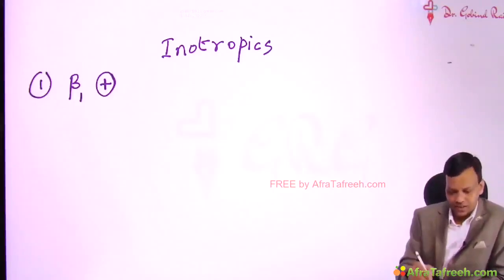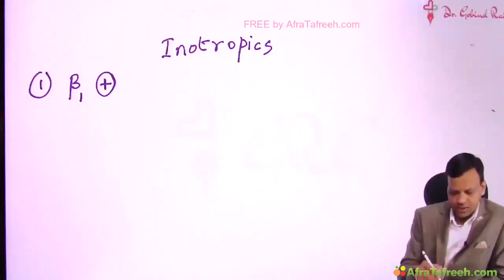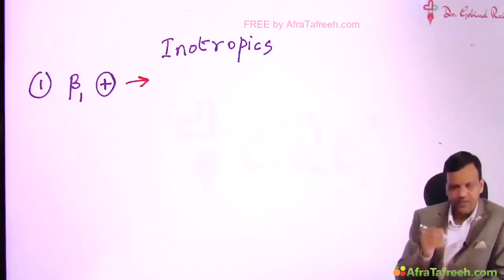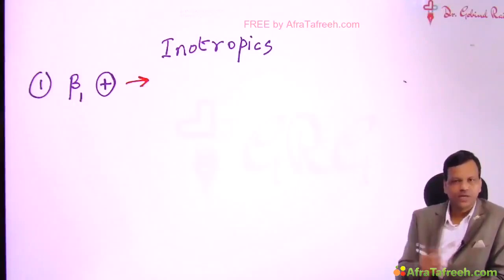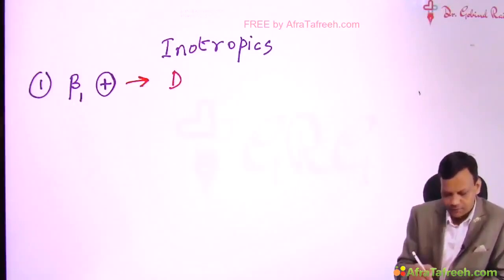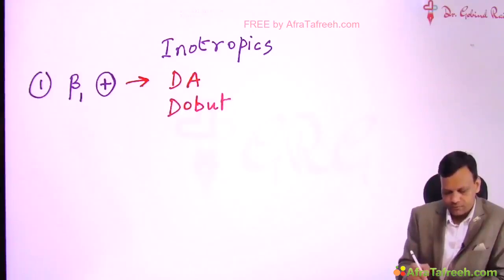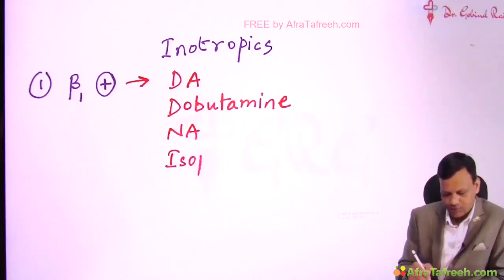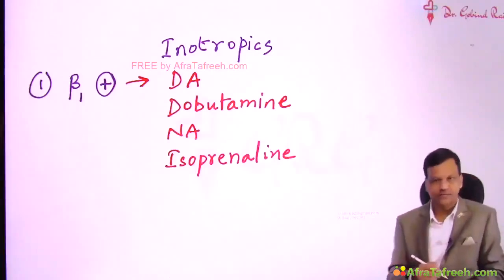And we discussed in the autonomic nervous system, there are several drugs which can stimulate beta 1 and be used in congestive heart failure. These drugs include dopamine, dobutamine, noradrenaline, isoprenaline. So all of them can stimulate beta 1 receptors and can be used in congestive heart failure.